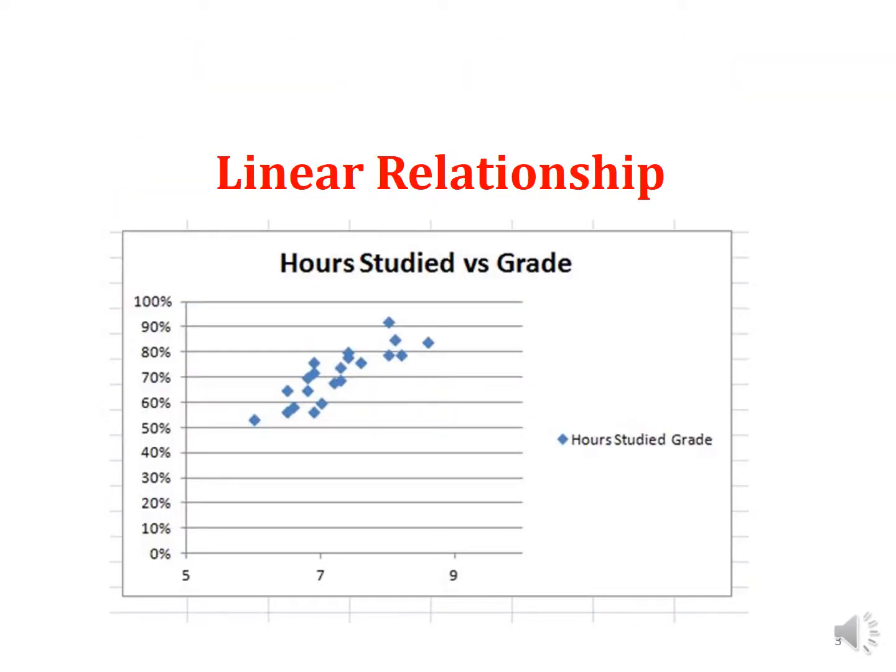Let us take an example of a situation where a linear relationship between two variables exists. What you see is a graph. You have on the x-axis the hours studied by the student, and on the y-axis the marks scored by the student.